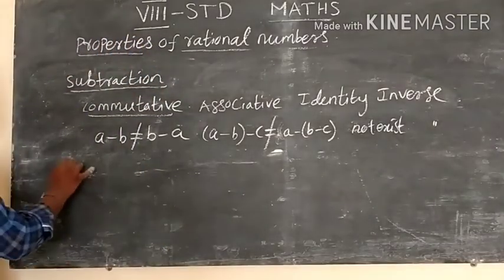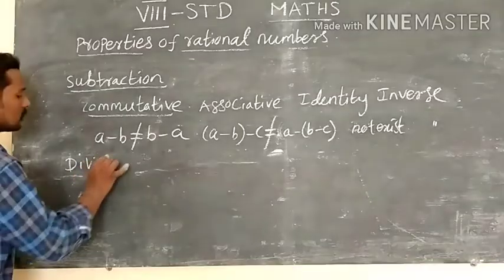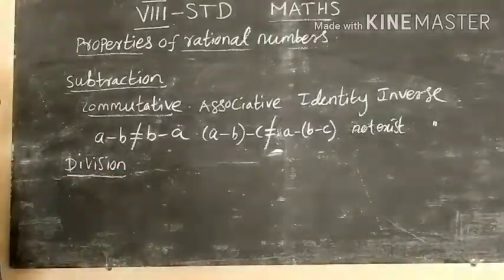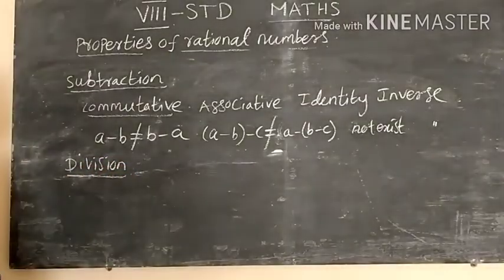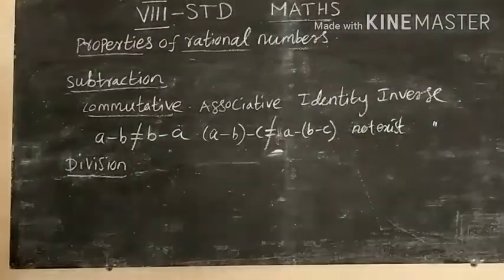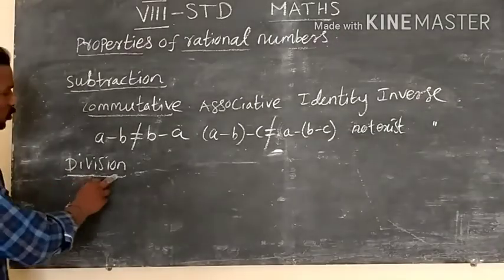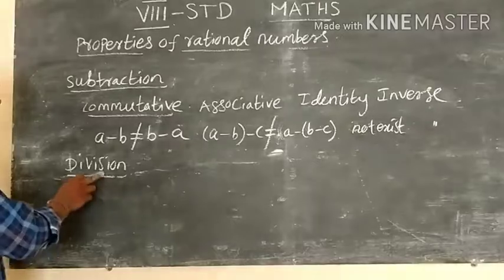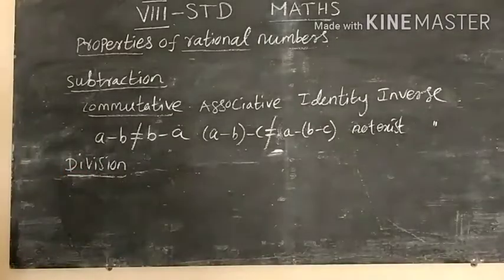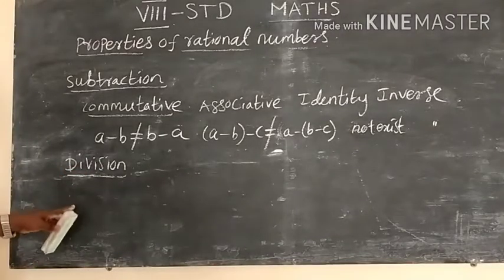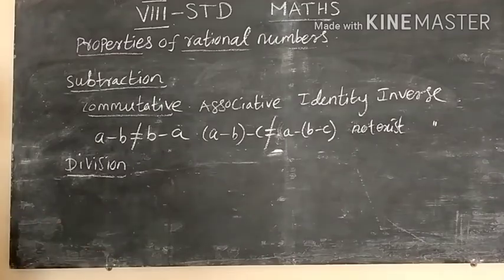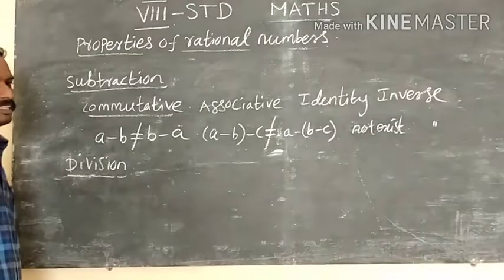Then the division. The closure property is true under division, because in the table I am giving a tick mark, because only the rational numbers satisfy the condition.